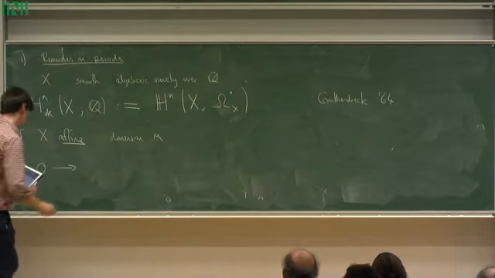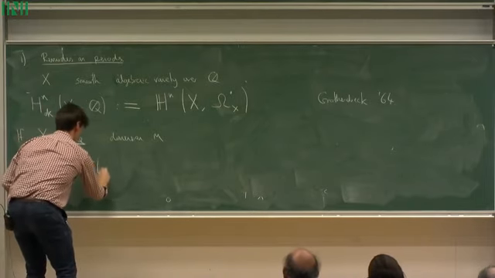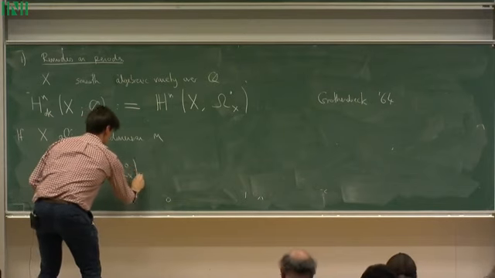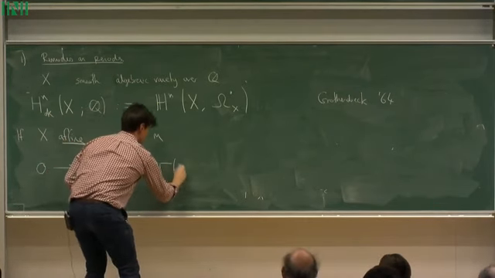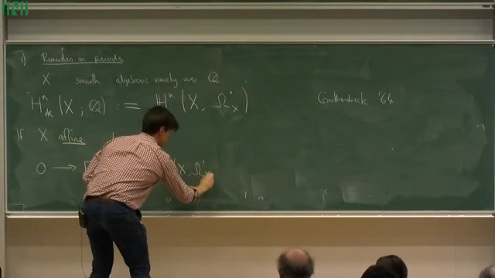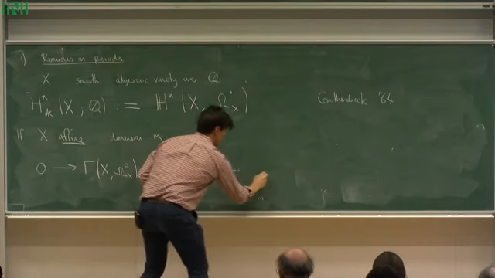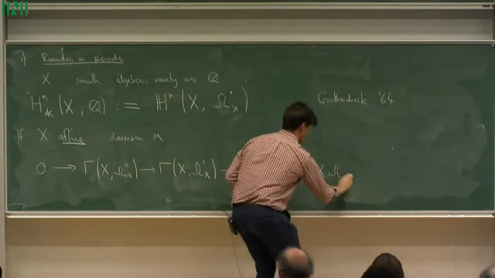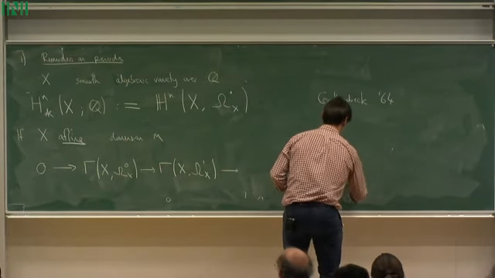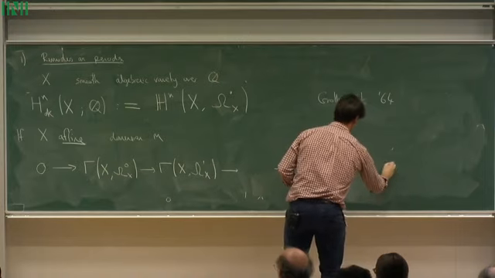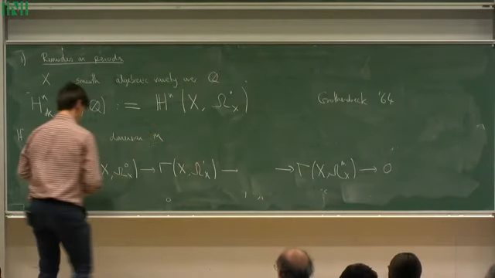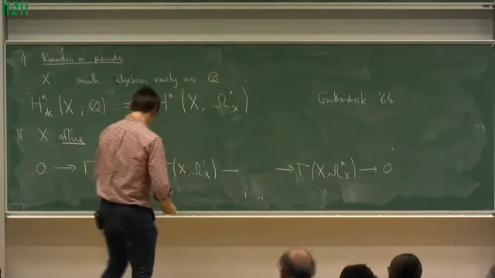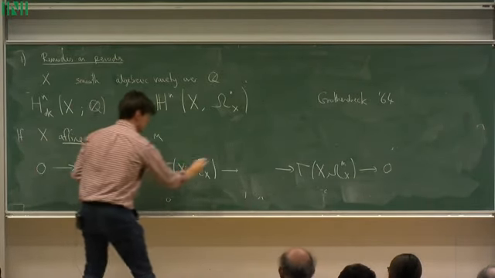We can take the following complex of global sections: global regular 0-forms, 1-forms, up to m-forms, and the maps here are differentiation, d.